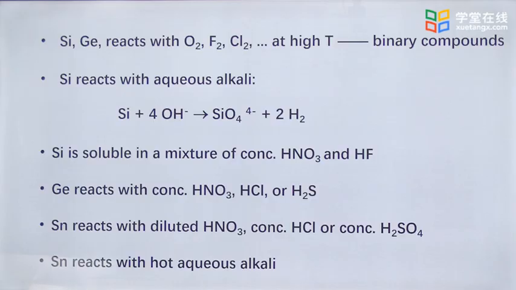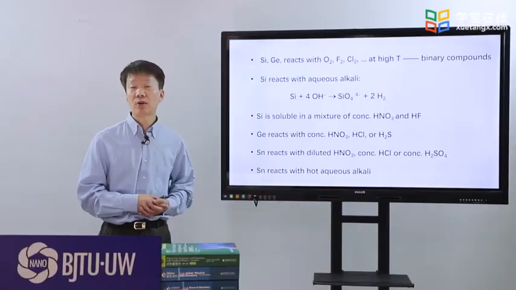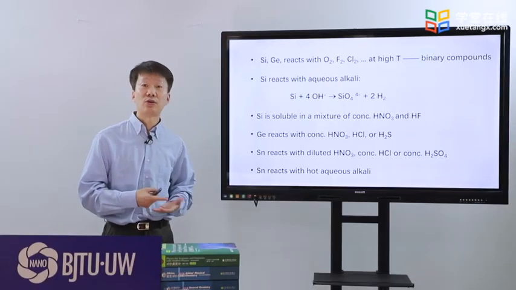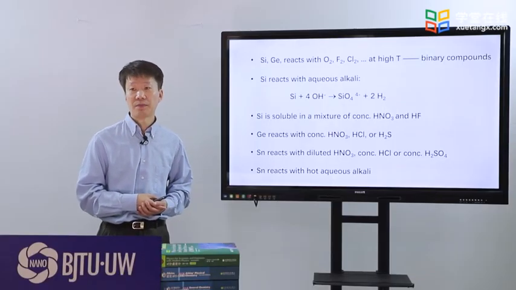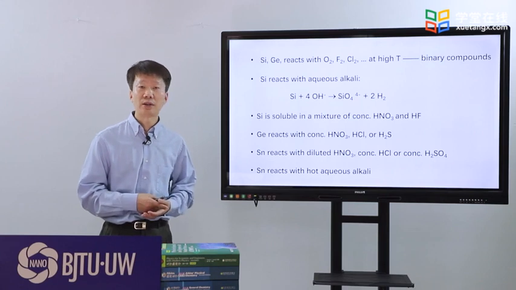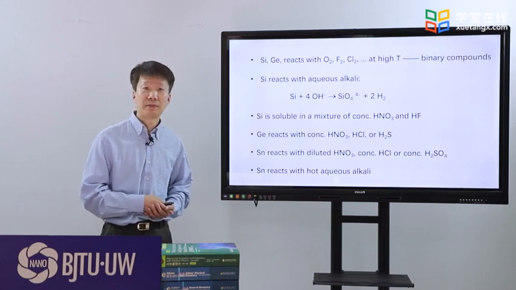Germanium reacts with concentrated nitric acid and hydrogen sulfide. Tin reacts with diluted nitric acid, concentrated hydrochloric acid, or concentrated sulfuric acid. Tin reacts with hot aqueous alkali.